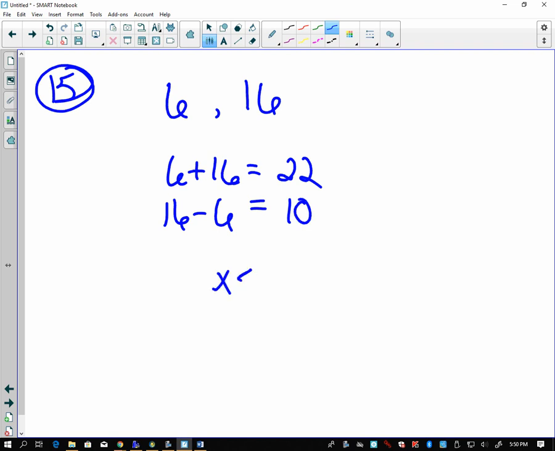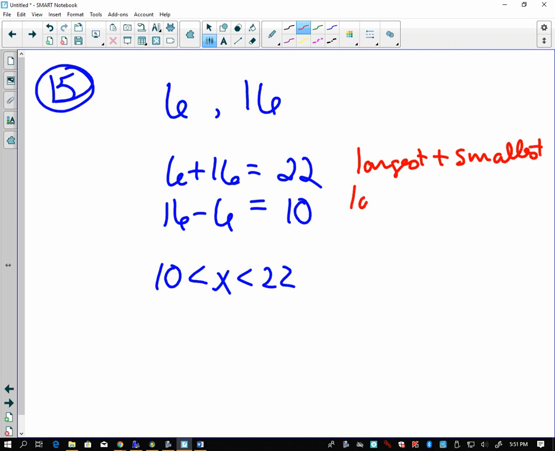So x has to be less than 22 and greater than 10. It won't be a negative number, because you can't get a negative length for the side of a triangle. So if it helps, take the largest side plus the smallest, and the largest side minus the smallest, and our number will be between those two things.